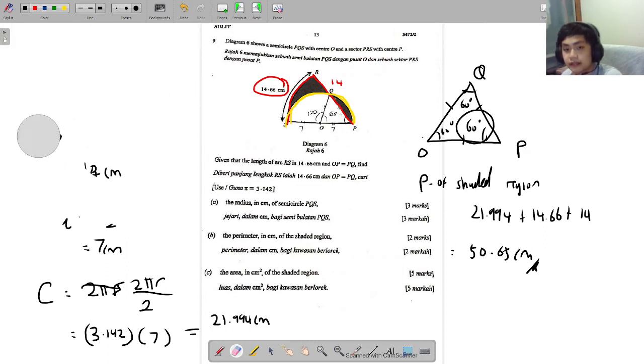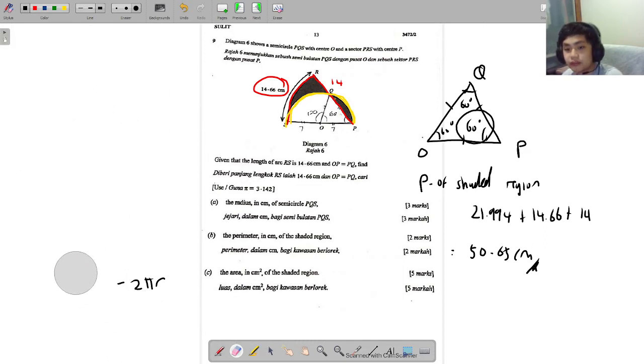So we look at part C, the area of the shaded region. We have to break down the area once again. I'm going to split it into two parts. I can find the area of this whole thing, and then I just need to subtract this area and this area because it's a triangle, and then I can find the shaded region.